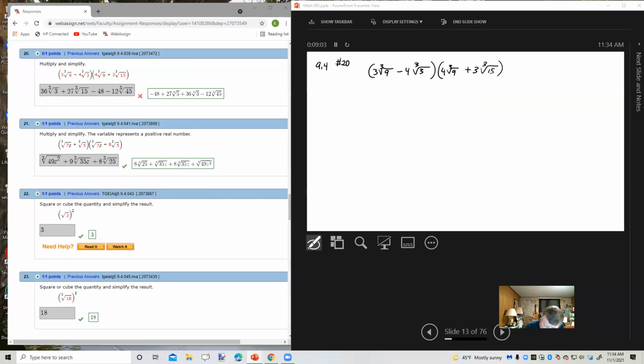So we're multiplying, if you will, a binomial times a binomial. So we're going to FOIL it, okay?